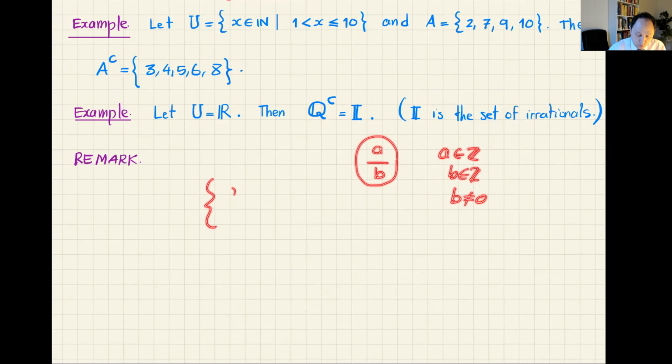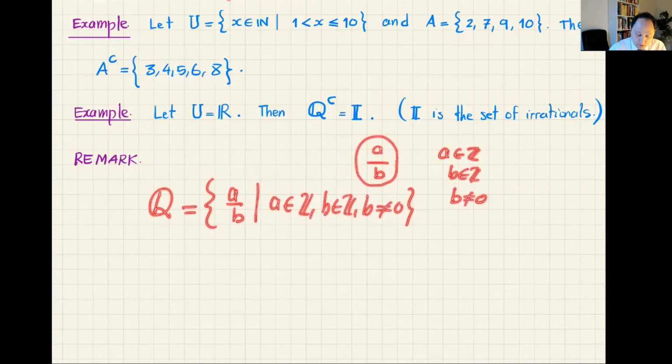If you put all of them with this property in a set, that set is called the set of rational numbers, yes? But if you know a little bit, the square root of 2 cannot be written as a fraction. So this number is an irrational number, okay?